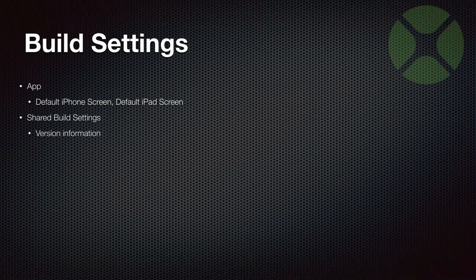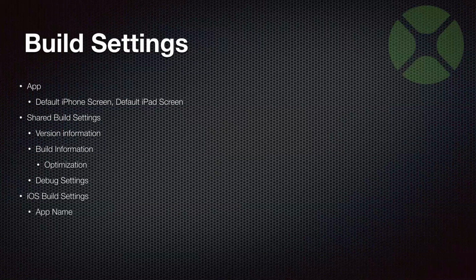Shared build settings is where version information is stored and build information, including the optimization setting for the compiler. Most people just leave that as default, but if you're doing anything with serious calculations, you can crank that up. There's also debug settings. And then the iOS build settings has several things you can tweak in there.